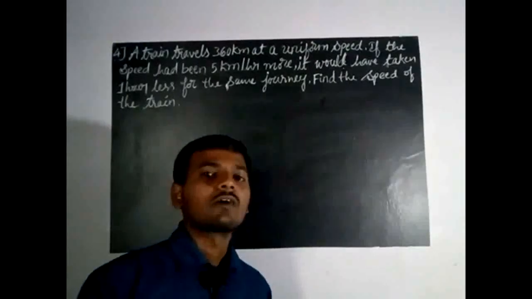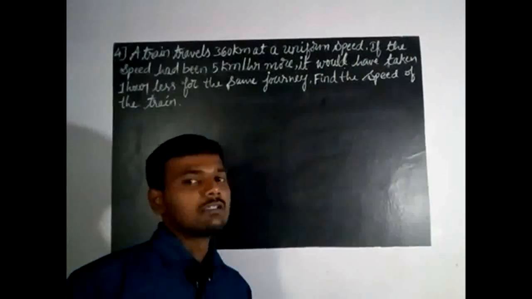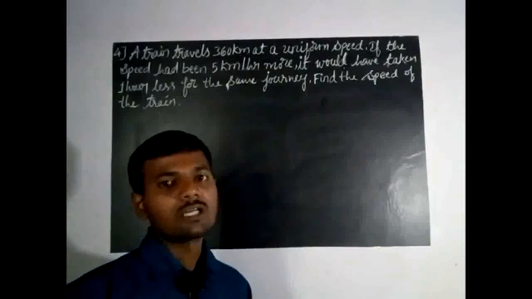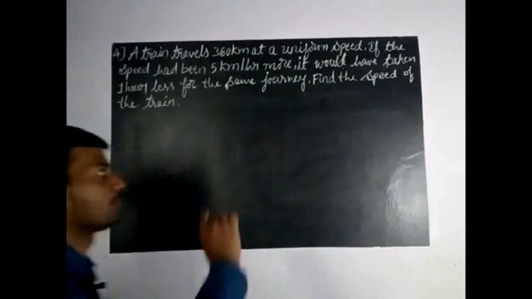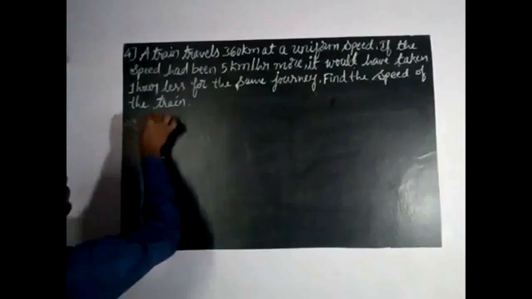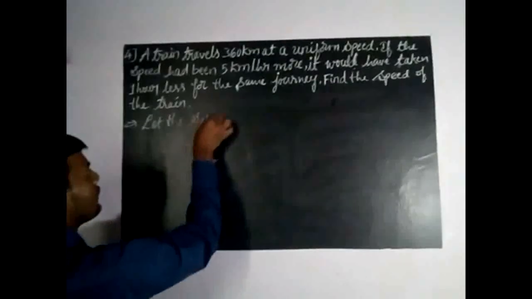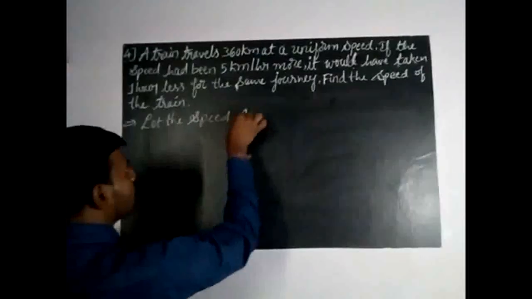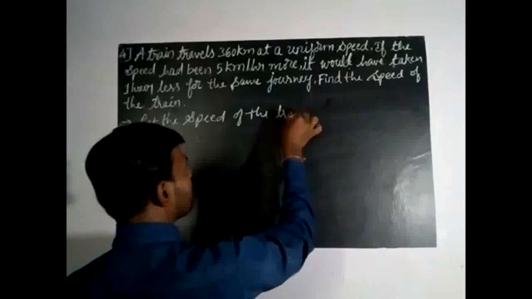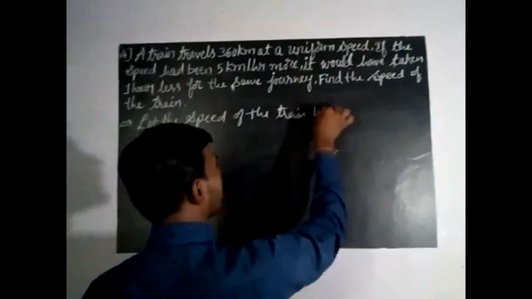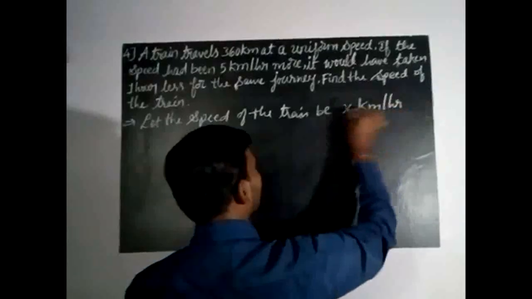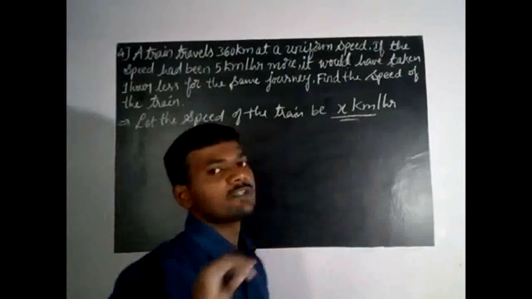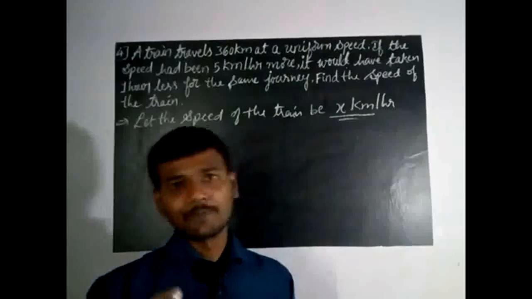So now we have to find the speed of the train. Let us consider the normal speed of the train. Let the speed of the train be x kilometers per hour.